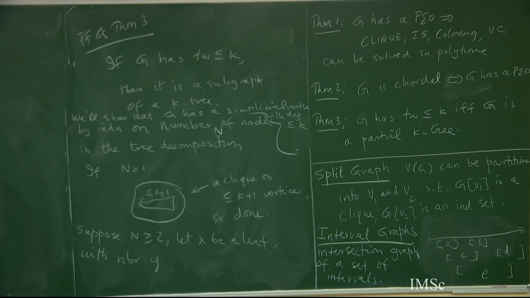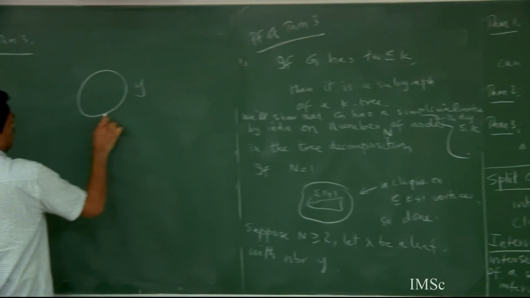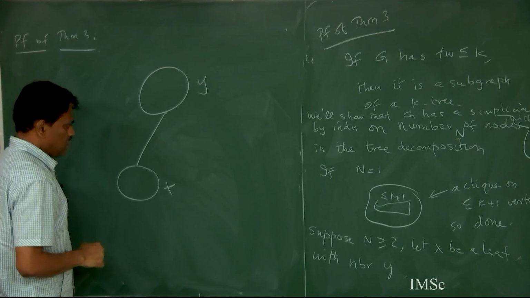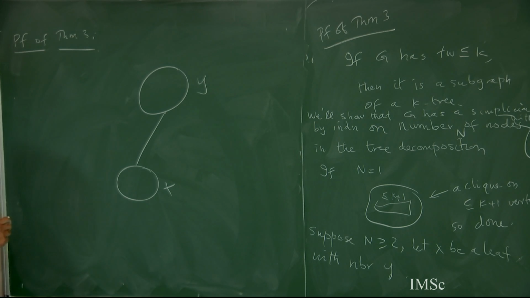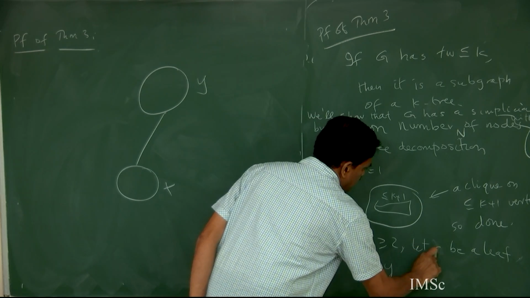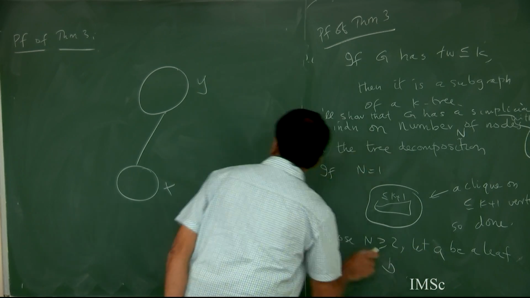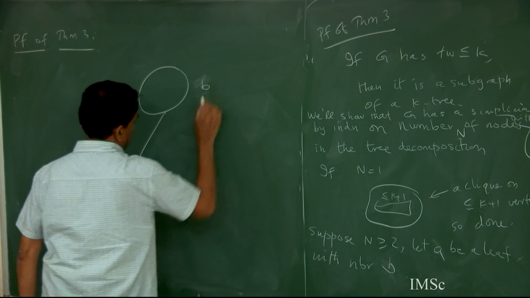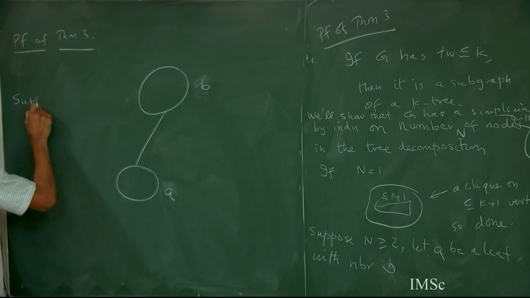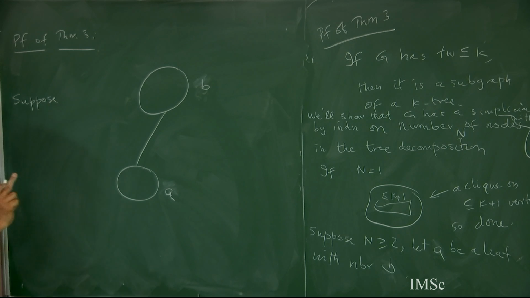Let's call this A, a leaf with a neighbor B. Remember, my goal is to just show you a simplicial vertex with at most K predecessors.